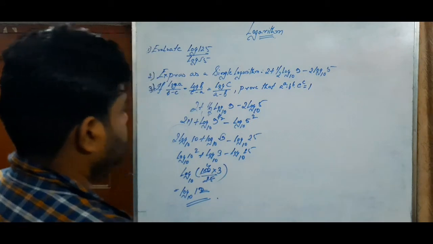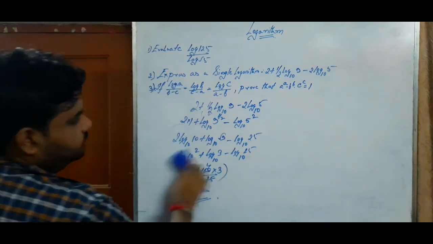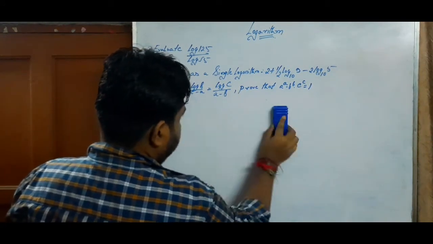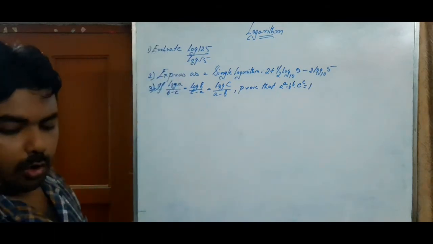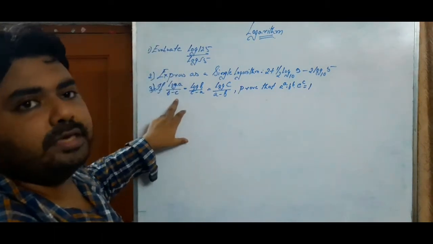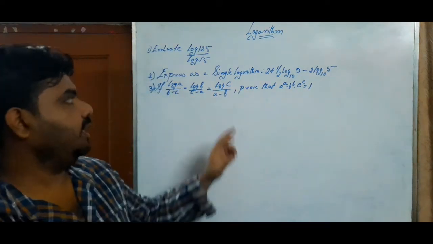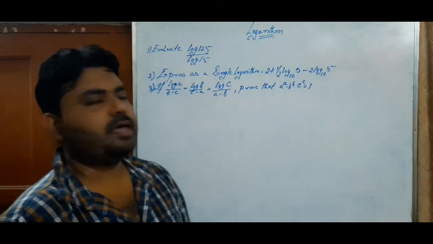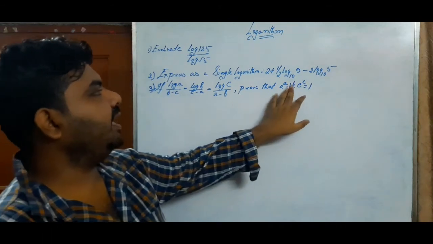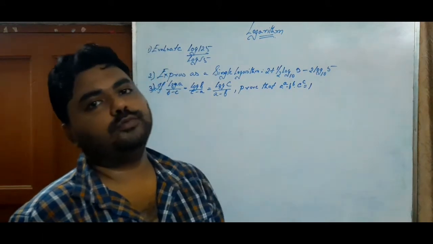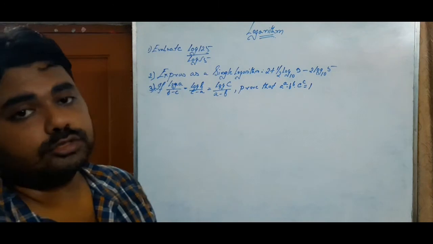Now the third one. Here it is given that log a by b minus c equals log b by c minus a equals log c by a minus b. We have to prove that a to the power a into b to the power b into c to the power c equals 1.